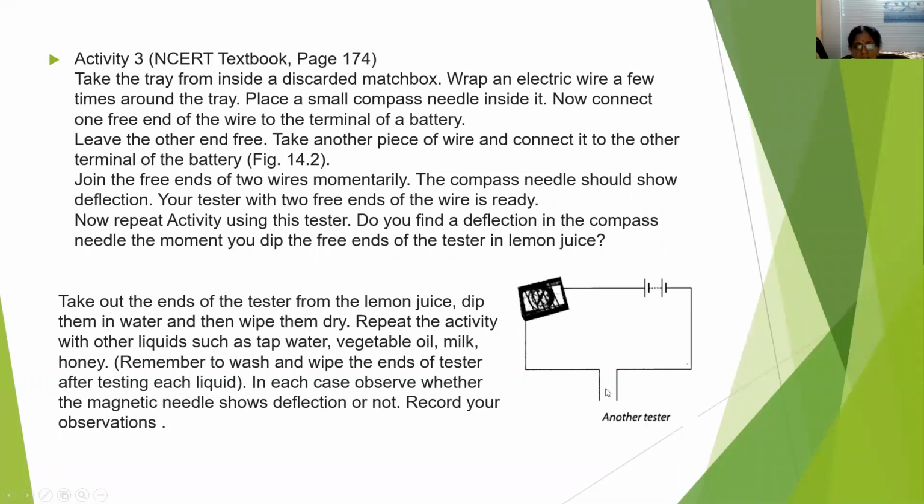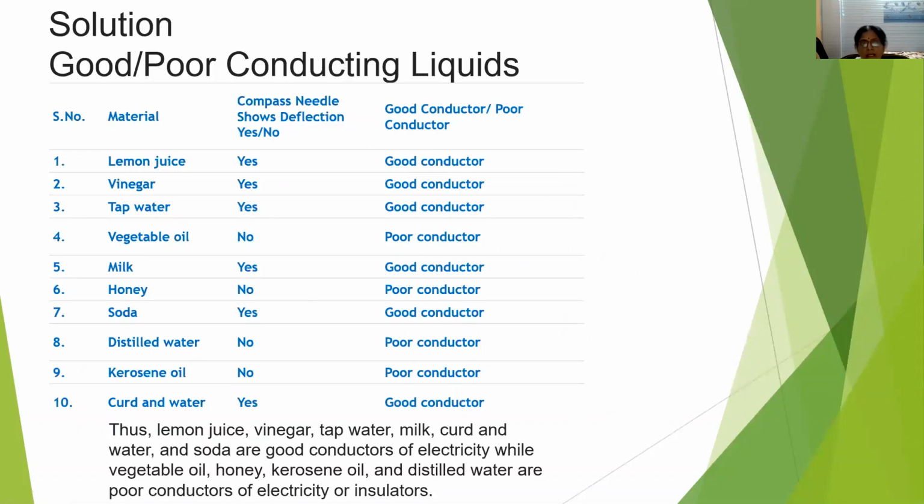In each case, we have to observe whether the magnetic needle shows deflection or not, and record our observation. What we can find is whether the given liquid is a good conducting liquid or a poor conducting liquid.